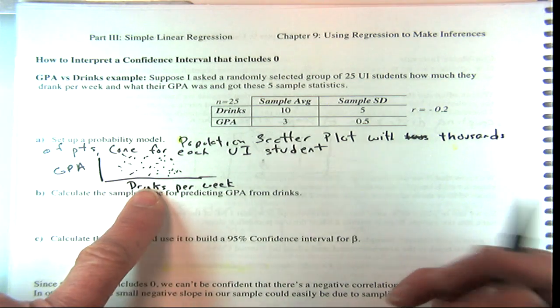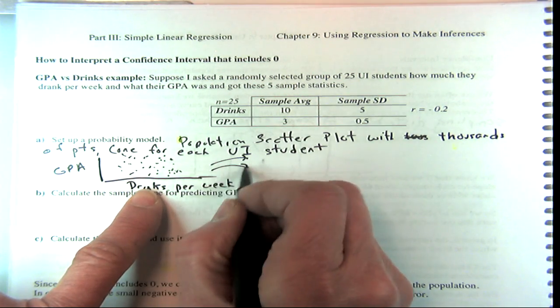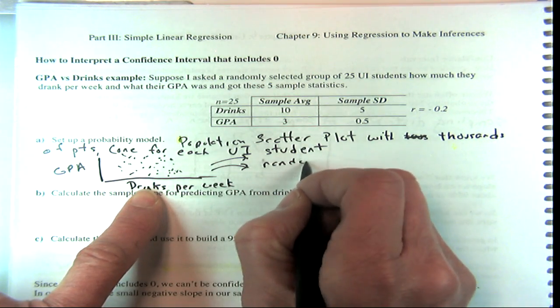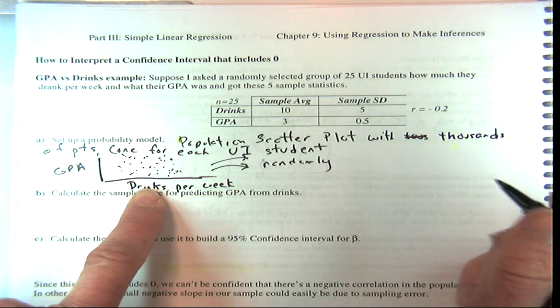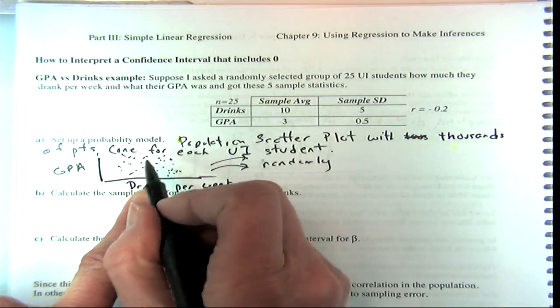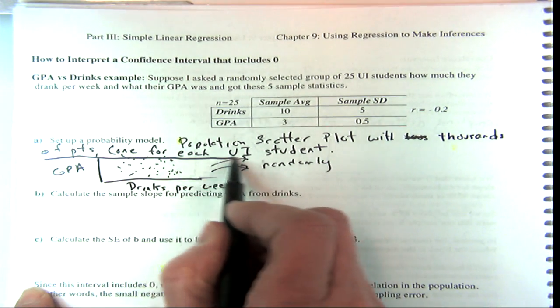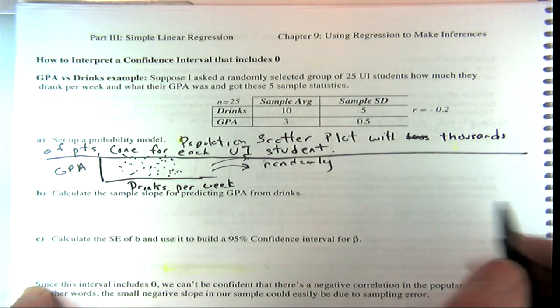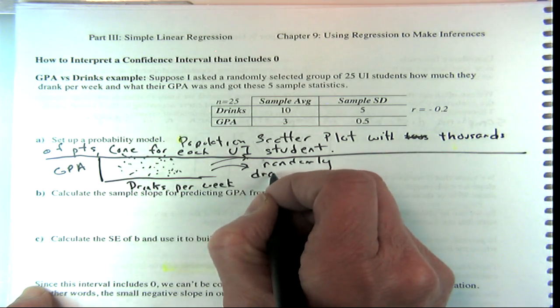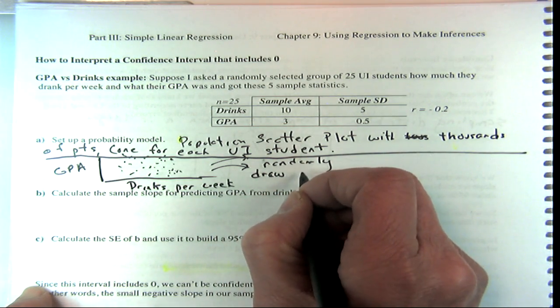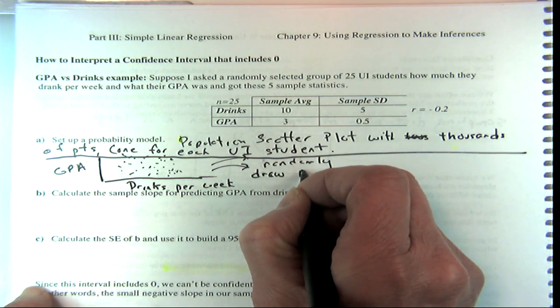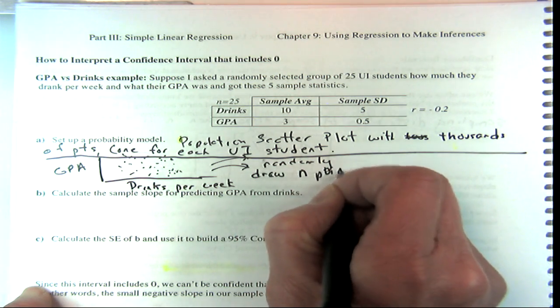Then what we're doing is we randomly draw a sample of n points.